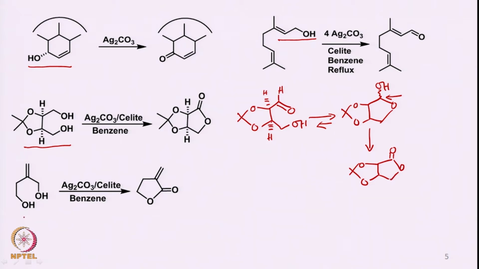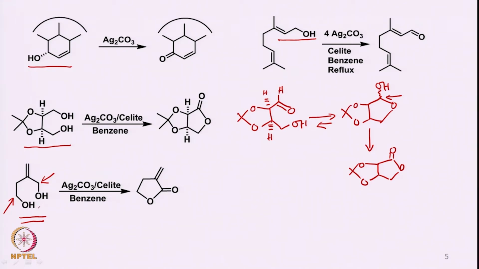Now here we have another diol, but the difference between this diol and the above diol is that we have one allylic alcohol and one non-allylic alcohol. So as I mentioned earlier, the allylic alcohols are oxidized in preference to non-allylic alcohols.